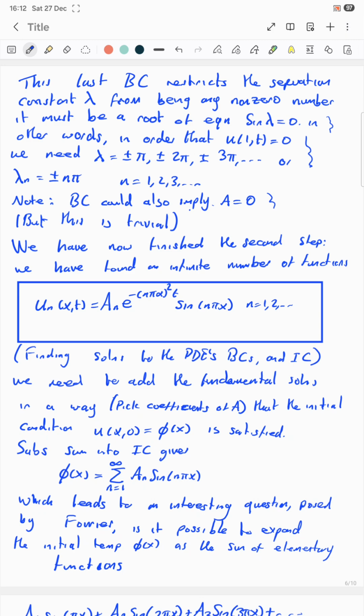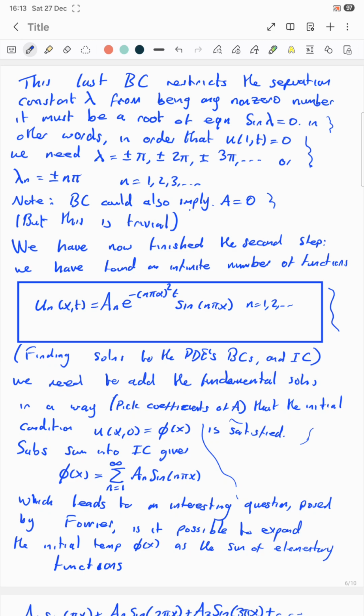We have now finished the second step. We have now found an infinite number of functions, namely this. Now, to find solutions to the PDE, boundary conditions and initial conditions, we need to add fundamental solutions in a way that picks coefficients A such that the initial conditions are satisfied, which leads to an interesting question posed by Fourier.